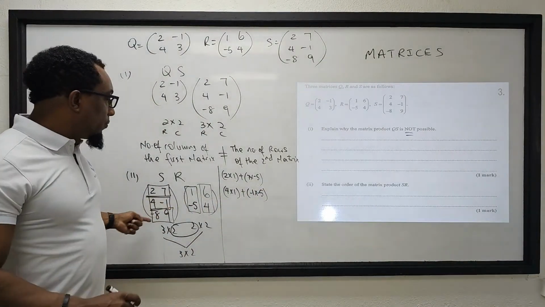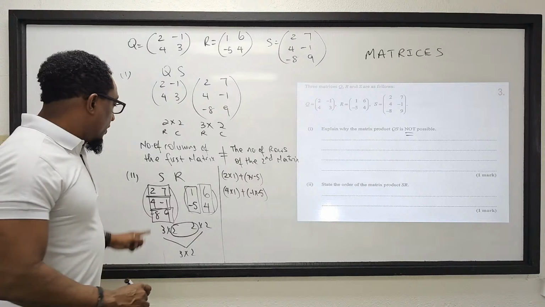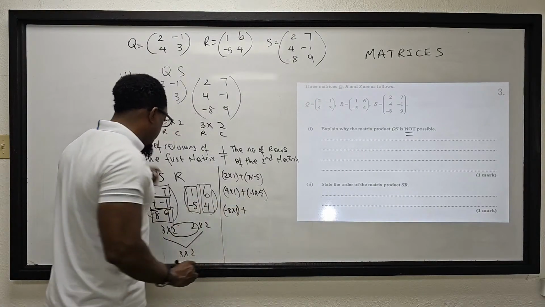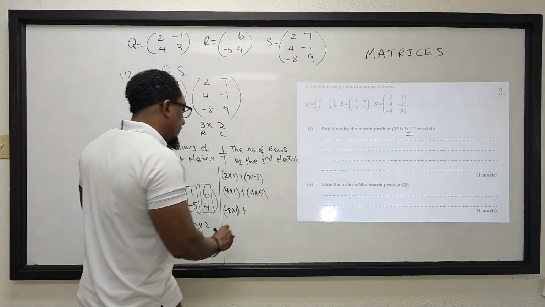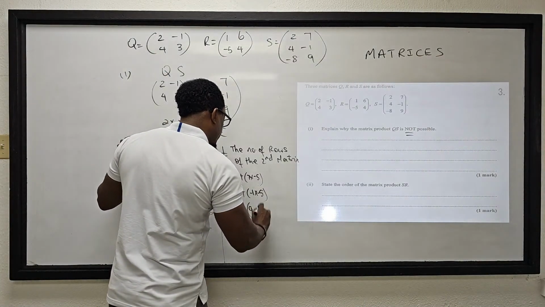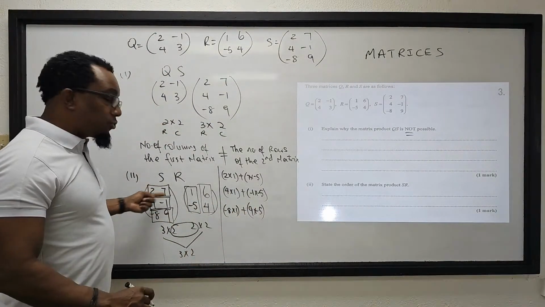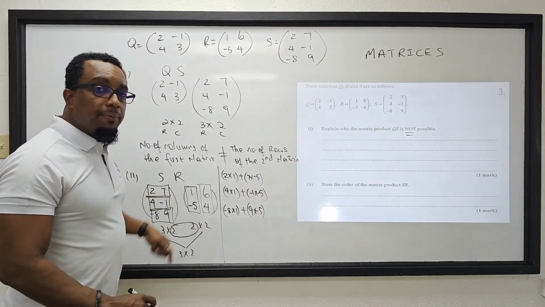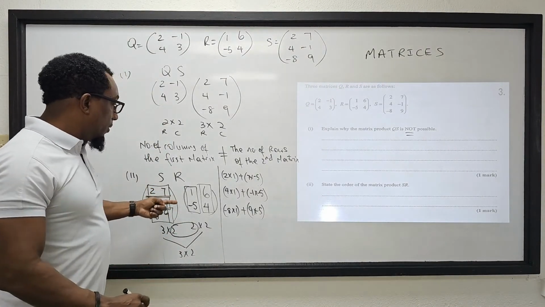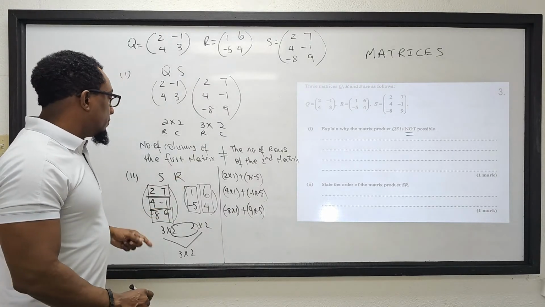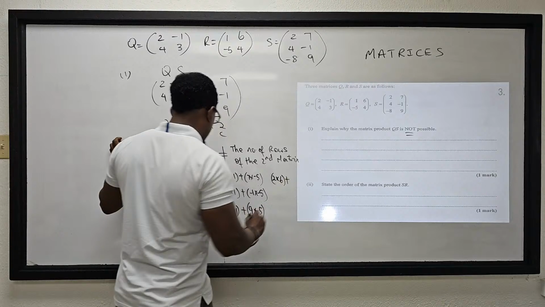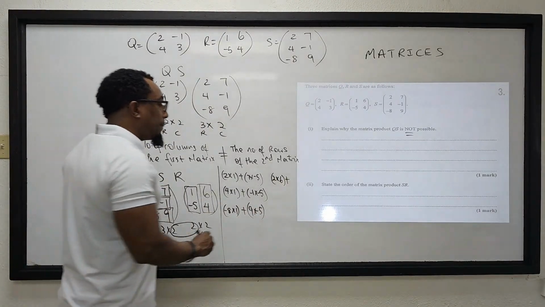Then my third row by my first column: negative 8 by 1 plus 9 by negative 5. Right, so that's my 3 rows with my first column. Now let's take my 3 rows with my second column. So this is 2 by 6 plus 7 by 4.